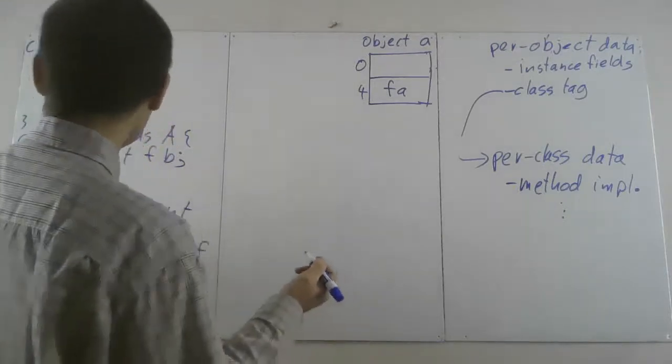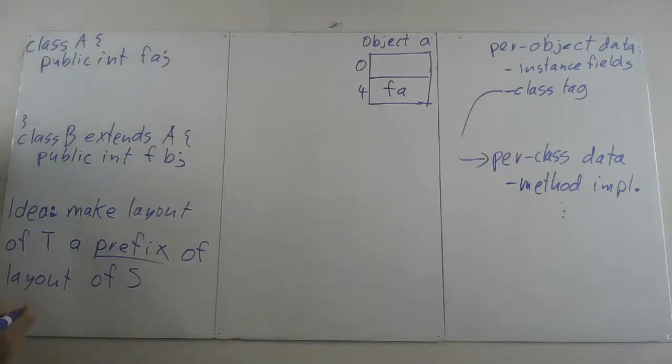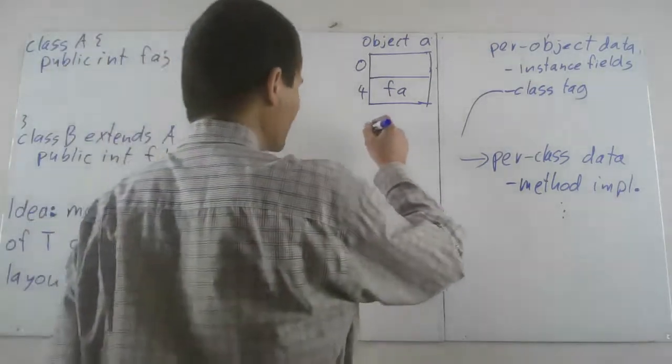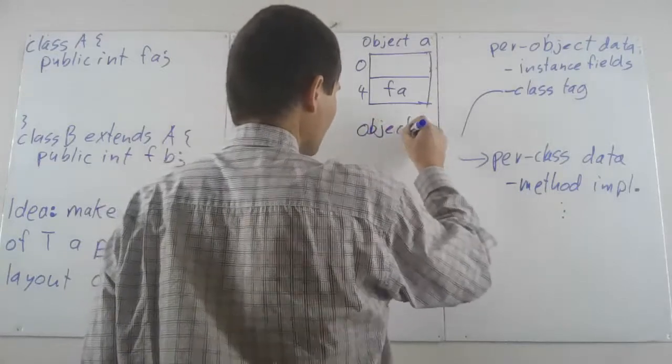The point is that I could have a variable of type A holding an object of class B, because class B extends A. So how do I design an object of class B?